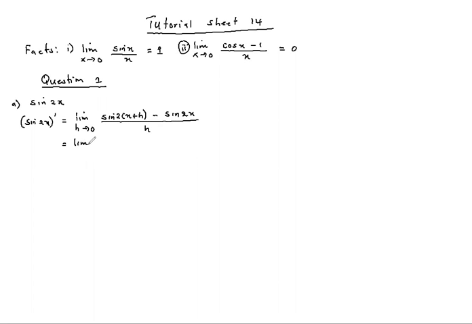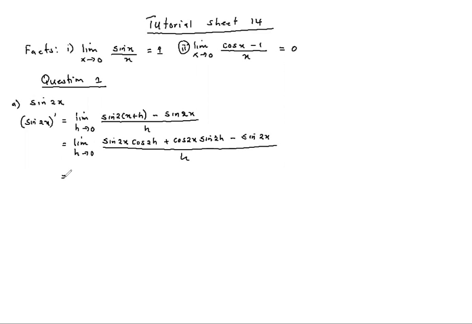This is the limit as h goes to 0 of sine 2x. I'm now expanding sine: cos 2h plus cos 2x sine 2h minus sine 2x over h.